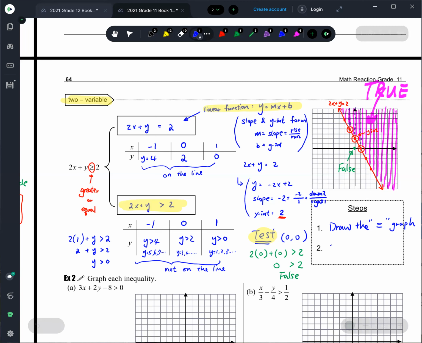After that, you test a point, okay? You test any point that's not on the line, okay? Because you want to pick a side, right? So test a point and then you shade the true side.